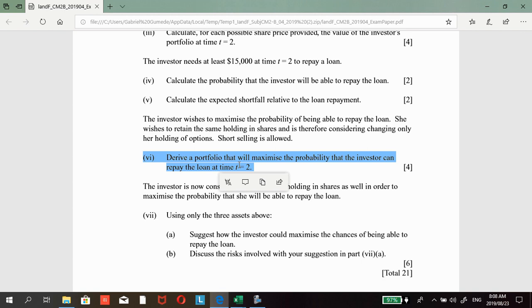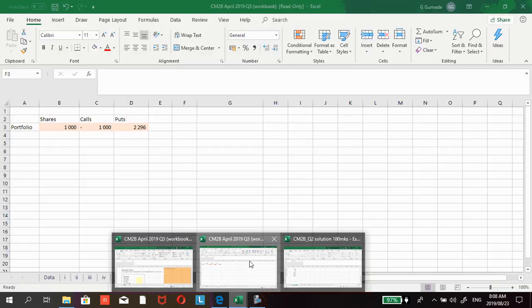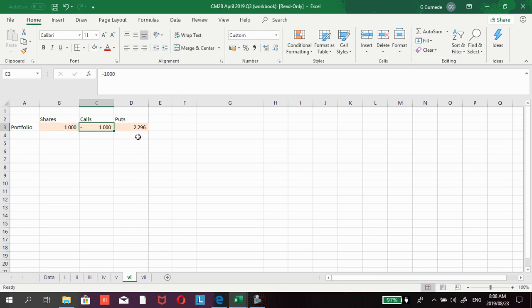I explain how to maximize and minimize values in Excel. I took these values from the exam report.